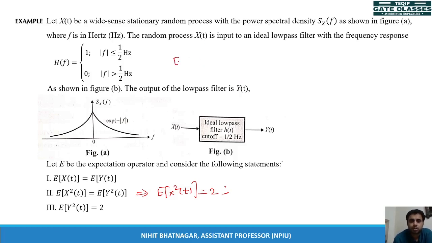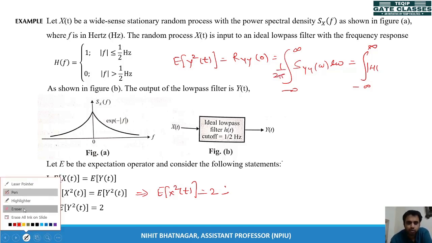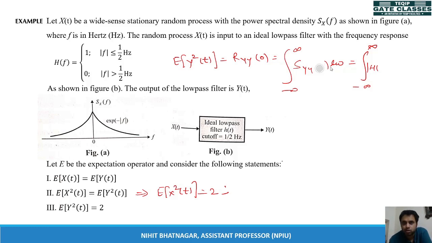Now you have to find the value of expectation of Y squared, which is equal to R_Y(0). It is the integration from minus infinity to plus infinity of mod H(f) whole squared times S_X(f) df.